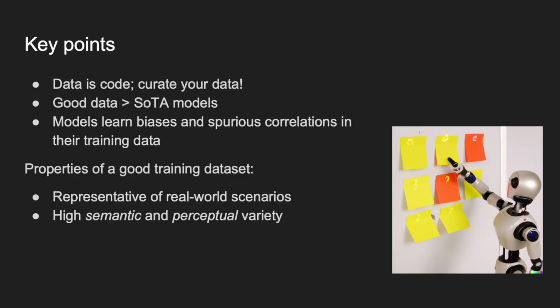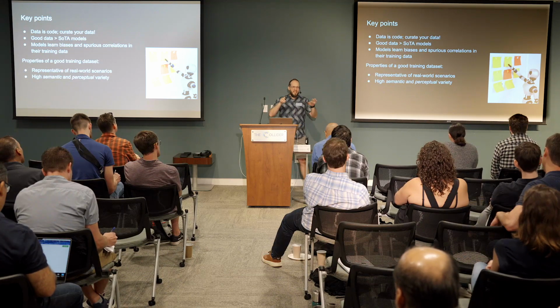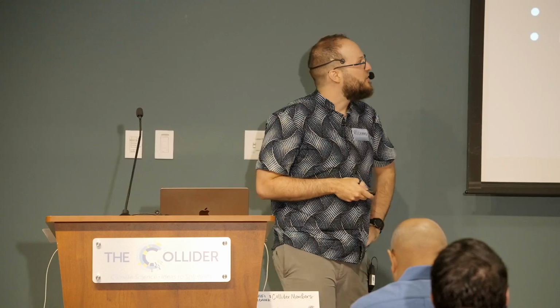Okay, cool. So data's code, curate your data. It's more important to have a very good data set than to always be chasing the state-of-the-art model. Models can learn biases and spurious correlations from their training data, so you have to be very careful to constantly be padding out your data and getting rid of those edge cases.